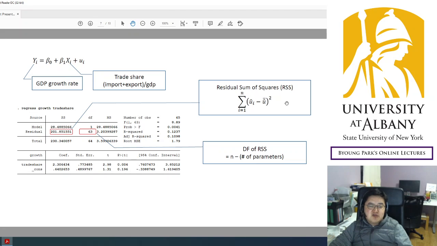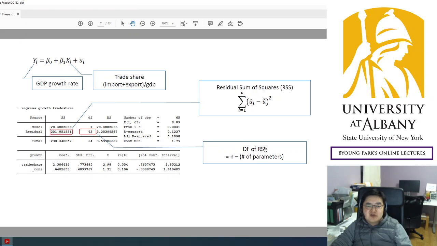If it equals 0, that means there is no residual. So the smaller the residual sum of squares is, the better your estimation is. This captures the portion of the variation in your data which is not explained by the regression model.